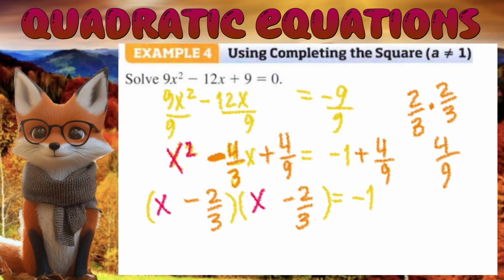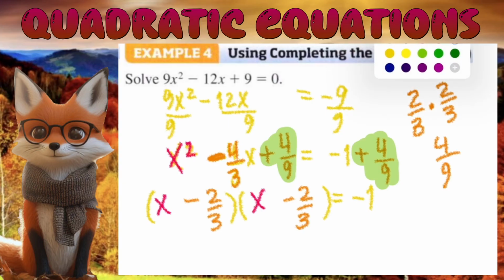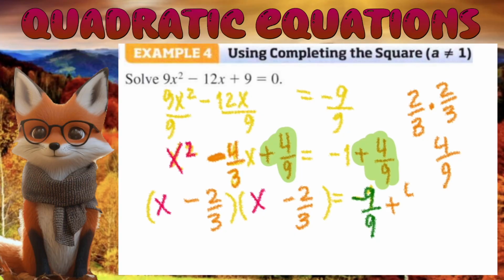What you do to one side, you do to the other. But -1 is -9/9, right? Plus 4/9. So what number am I going to get on the right side?